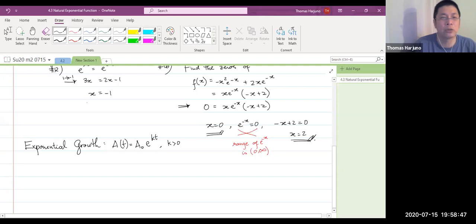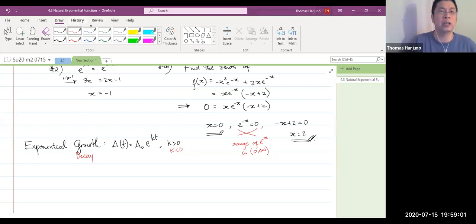Actually, it will be exponential decay if the k is negative. That's the key. So every time you see exponential growth or exponential decay, have this in mind right away, to the point that you should have memorized this.